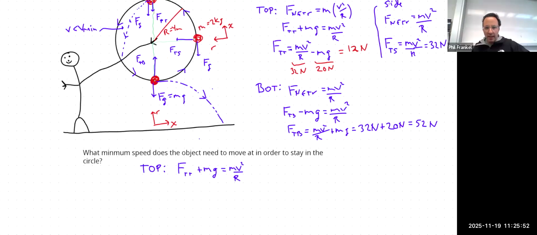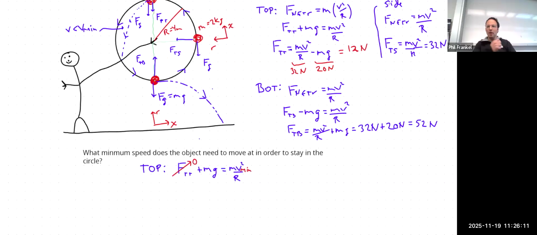In fact, when I'm moving at v min, minimizing the right-hand side of the equation, I have to minimize the left-hand side of the equation, and that means making the tension force as weak as it can be, which means no tension at all.